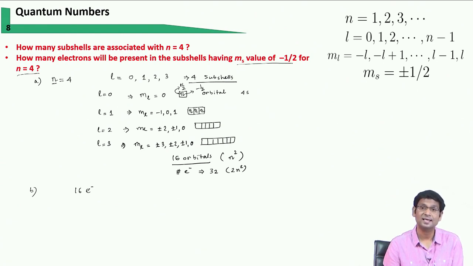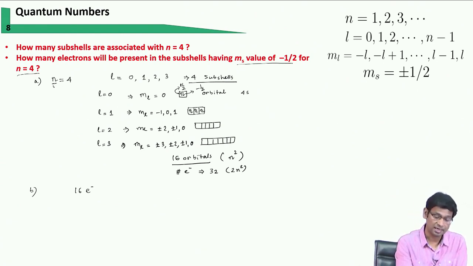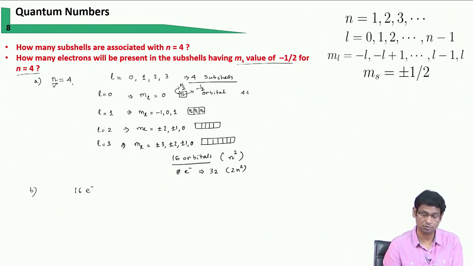So, in this way, what you should learn in this problem is that each electron in this case has a specific identity. It has an identity with respect to the principal quantum number. In this case n is 4 for all these 32 electrons. They can be in one of these 4 subshells, 0, 1, 2, 3, the 4s, 4p, 4d, 4f subshells, and 4s will have 1 orbital, 4p will have 4px, 4py, 4pz, 4d will have 5 orbitals, 4f will have 7 orbitals, and if I fill all the electrons, I can fill 32 electrons, out of which 16 will be up spin or alpha spin, ms equals plus half.